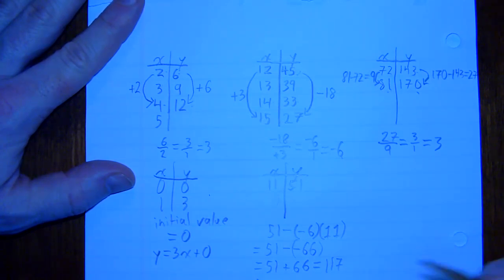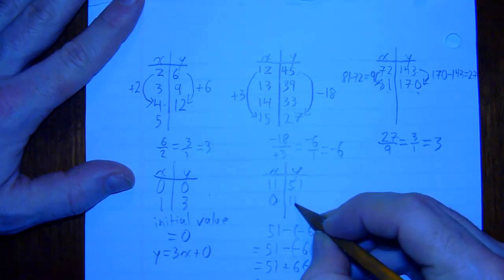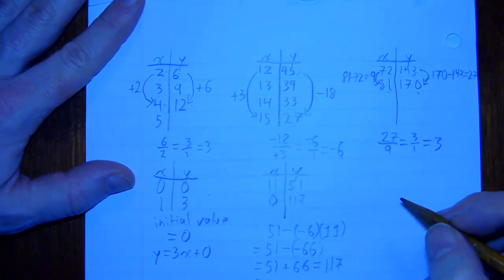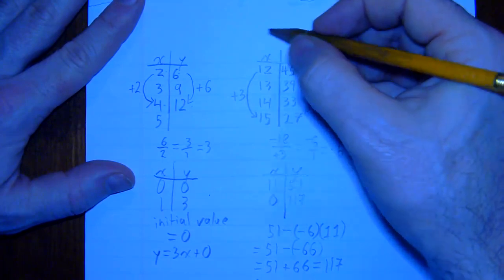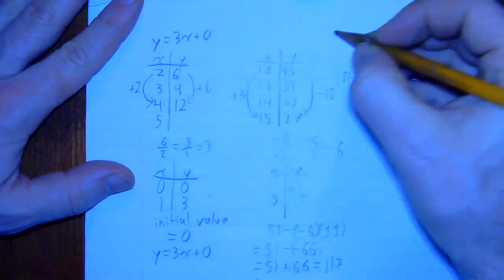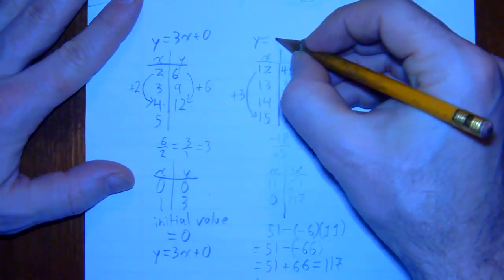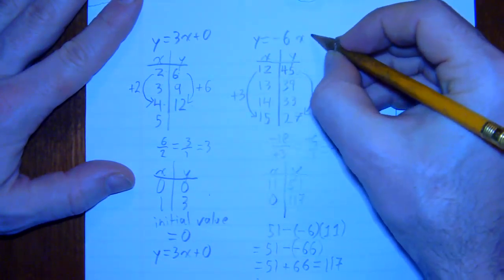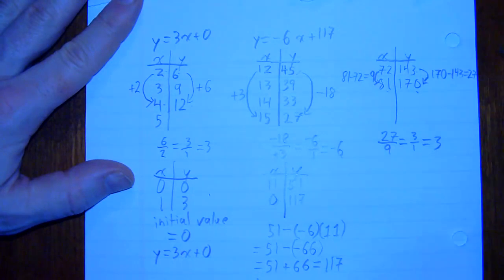And so then we know that our initial value for this relation is 117. You can write that in. And our equation for this one, for this one, it's going to be y equals negative 6x plus 117.